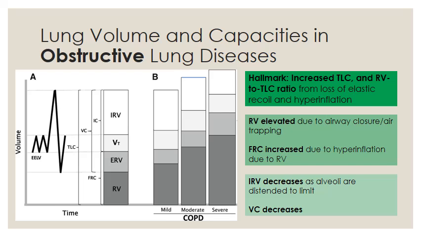That, coupled with air trapping, increases the volumes of the lungs themselves over decades, and this is called hyperinflation. The hallmark of obstructive lung diseases is an increased total lung capacity from loss of elastic recoil and hyperinflation.